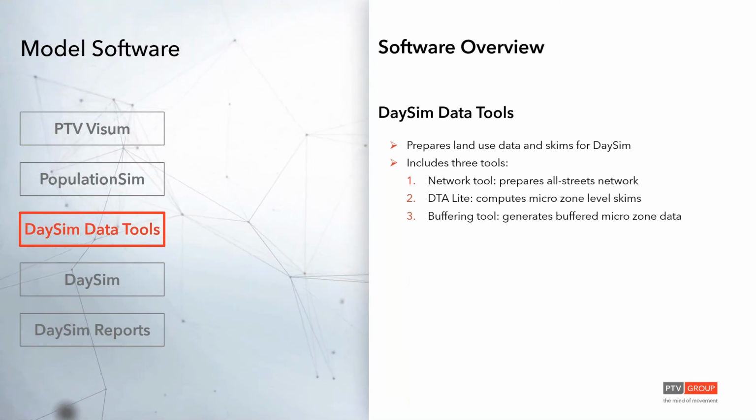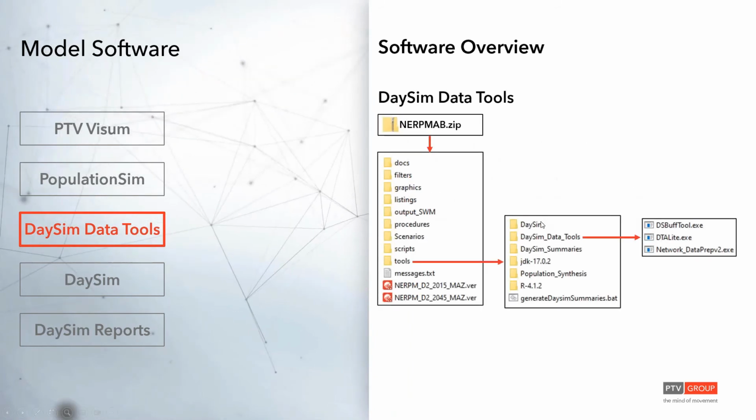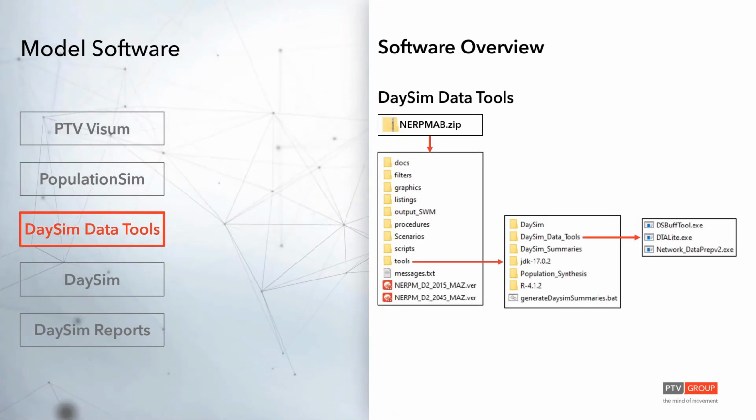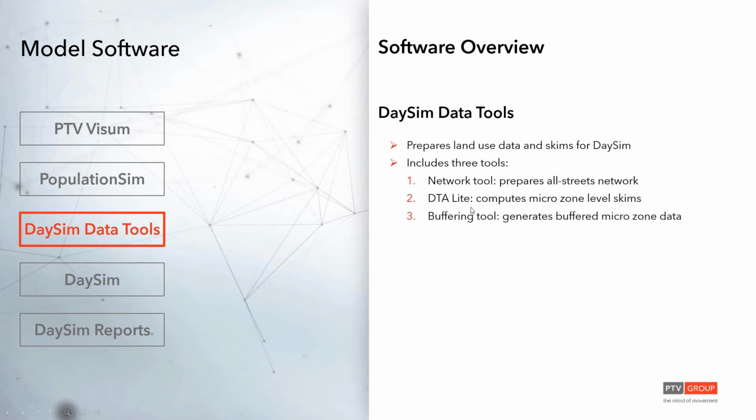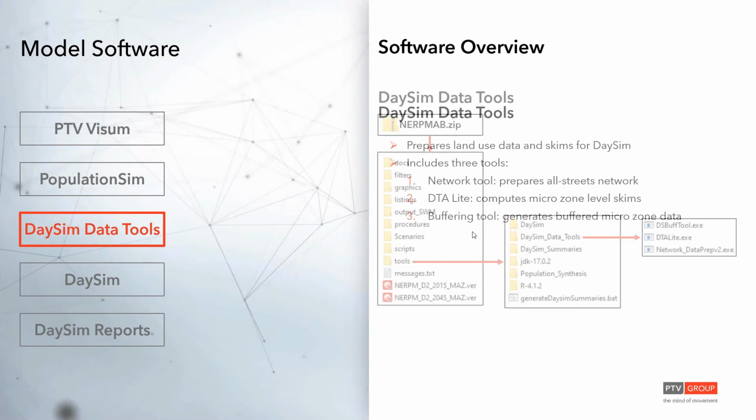So these three tools, they run in this sequence. It starts with the network tool, and then it goes to DTA Lite, and then to the buffering tool.